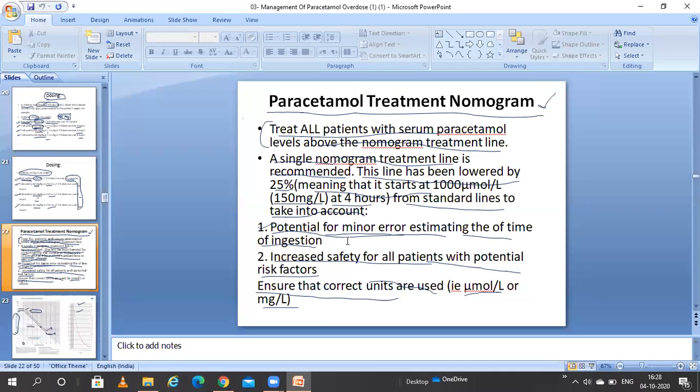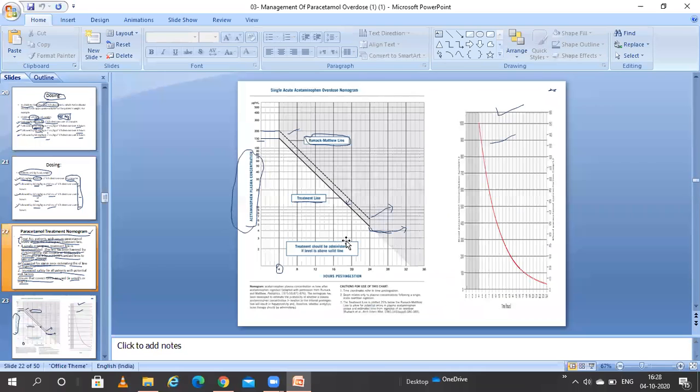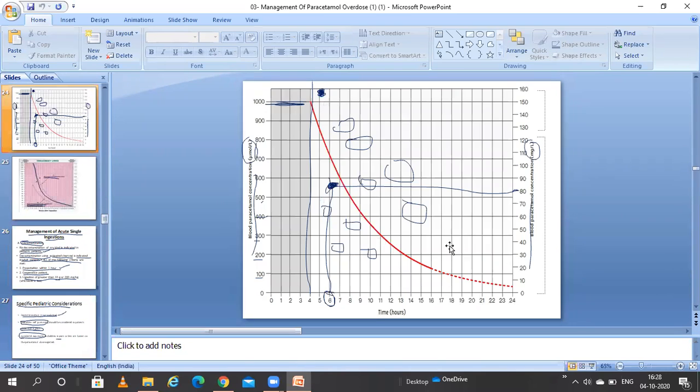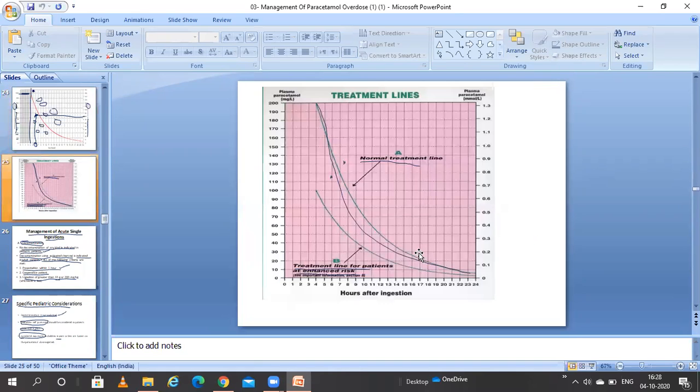You need to be on the safer side, and decreasing this nomogram line also increases the safety for all the patients, especially those who are at risk. So the line is now, actually the line is this one, the red color, what you are seeing. So this is a treatment line of paracetamol for a normal patient.